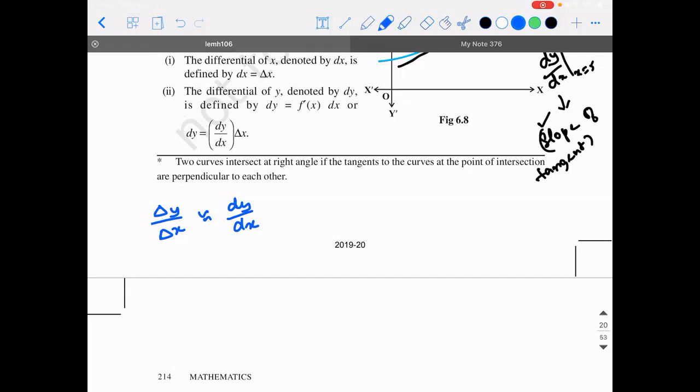And the change that we are going to do is, dy by dx can be written as dy divided by dx multiplied with delta x. So this is the so-called formula for approximation.